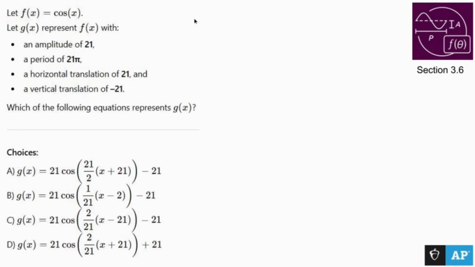Well, sinusoidal functions are in the form a, and in this case we'll use cosine. So a cosine parentheses, b, close parentheses, x minus c, close it, plus d. A is the amplitude, simply put.